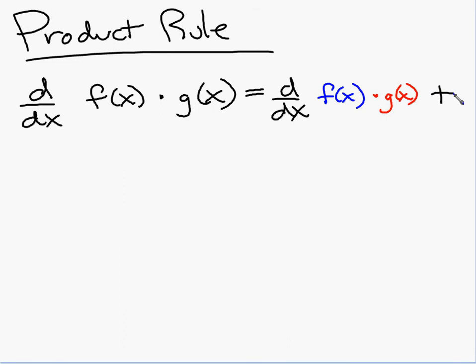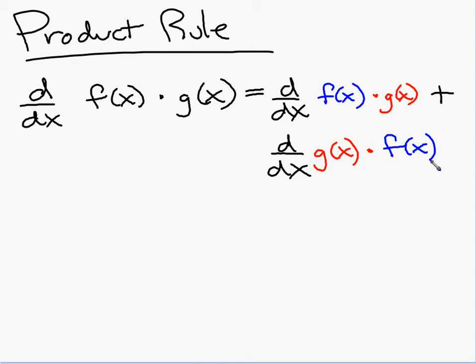The derivative, on your notes, just keep writing it all straight out, plus the derivative of the second function times the first function the way it is. When you get good at this, the way that I remember it is the derivative of the first times the second plus the derivative of the second times the first.